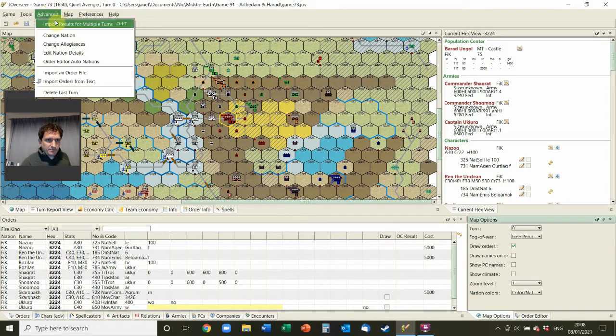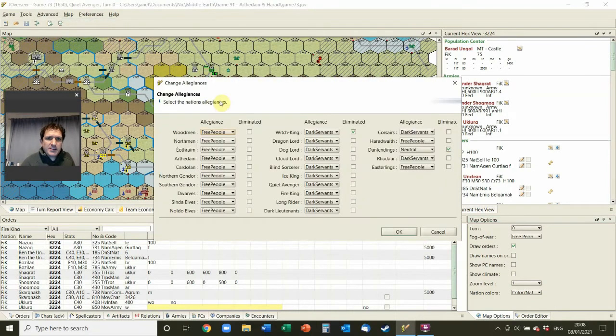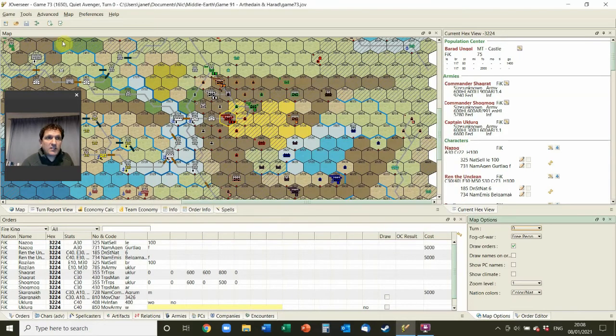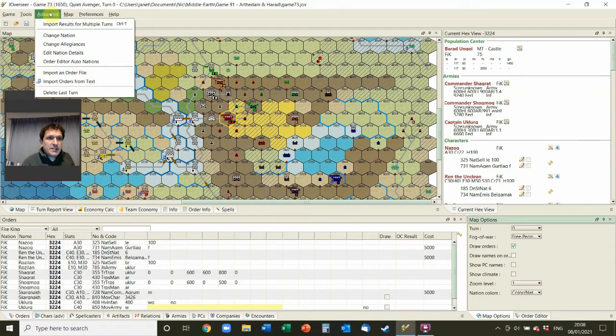Advanced, if you want to change allegiances, so we know that the Free People and the Dark Servants are fixed, but as the game goes on, some of them might get eliminated, and some of them might go from neutral to Free People or from neutral to Dark Servants, so you can change that there. And another really useful thing is import orders from text, which I'll come on to in a moment.